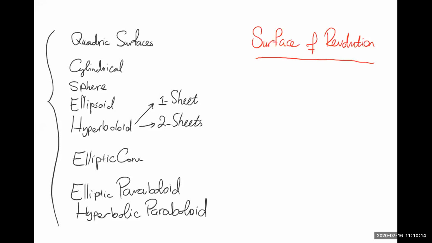I want you to search and find examples for each of these surfaces in nature, and try to find good examples. There are some very, very interesting examples. I won't spoil it for you, but you can search and you can find them. Also, as I said, you might find some examples around yourself. Okay.